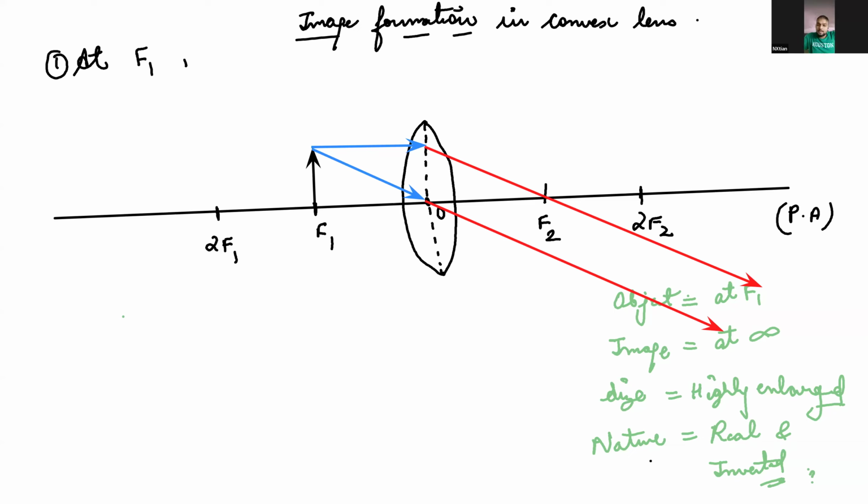I mean, not tomorrow, on Monday. Okay, and then we will complete the lens part by Monday only. I think we'll complete the chapter by Monday.